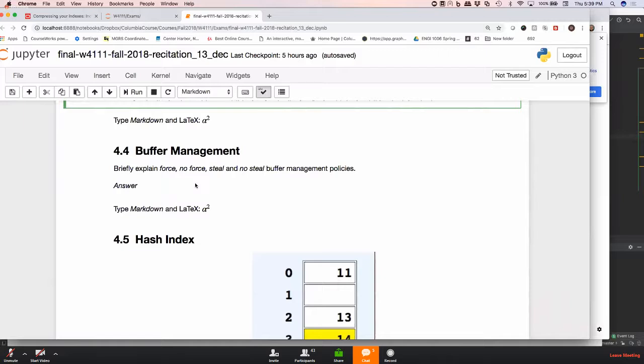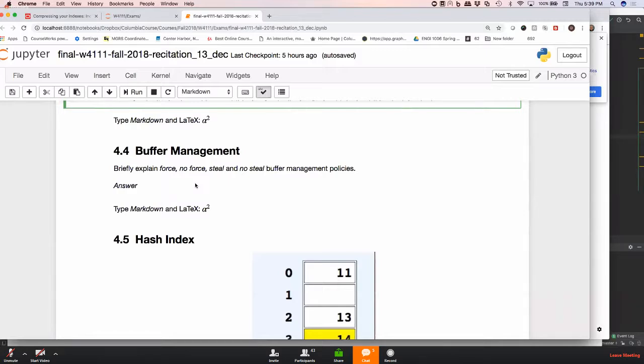Well, no steal is, if I've got a page that's got dirty data in it and I run out of space in the buffer pool, I need to go find a replacement candidate. I need to find a page that I'm going to load a block into from disk and overwrite a page in the buffer pool.